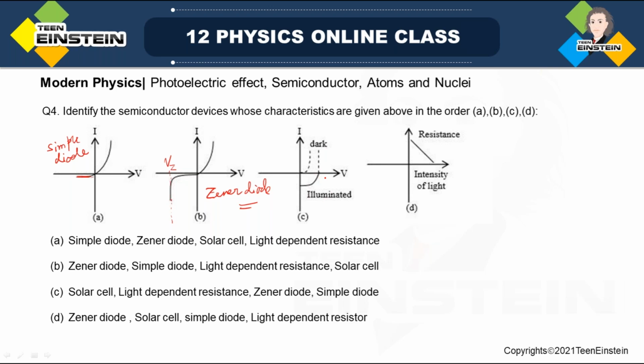So look here, here it is illuminated. So the diode is illuminated, and you have got two curves. One is dark current, and the other is the illuminated current.